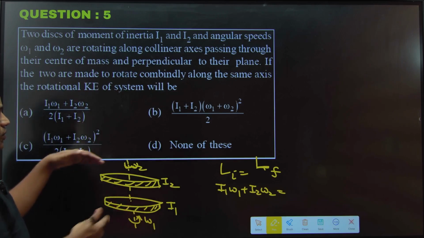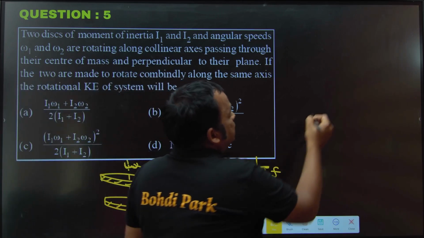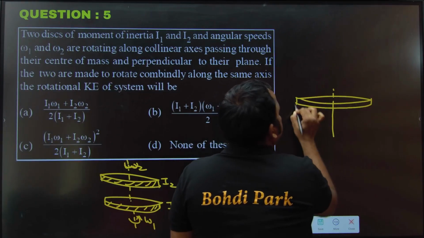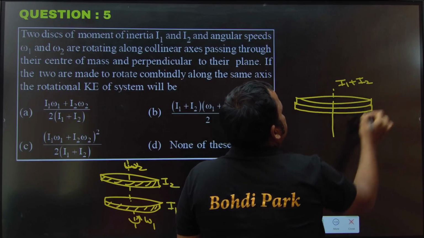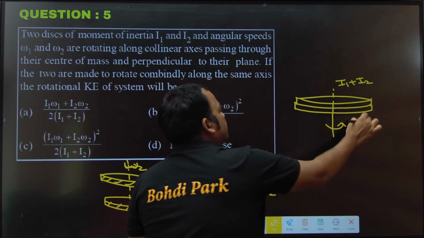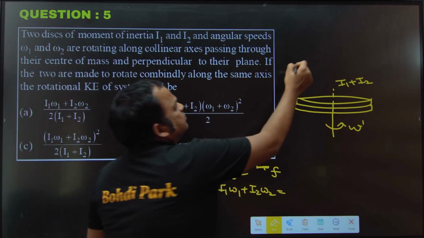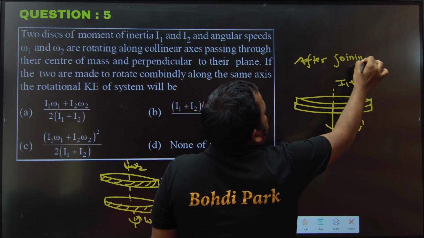Okay. Now when these two disks are joined, their angular velocities will be the same. Now these two disks are joined, so the moment of inertia is I1 plus I2 and the angular speed is omega dash, the common angular velocity after joining.